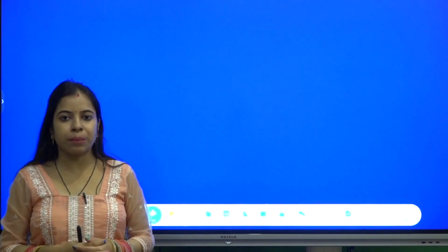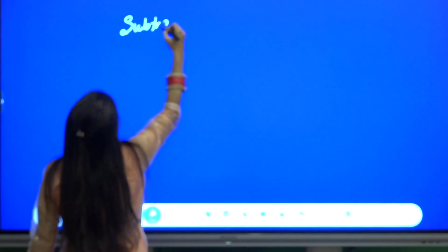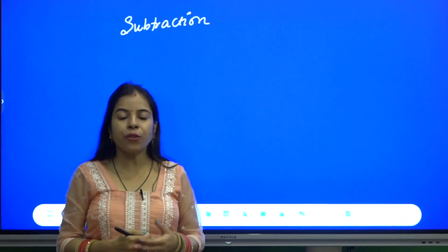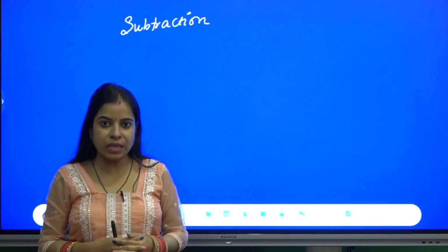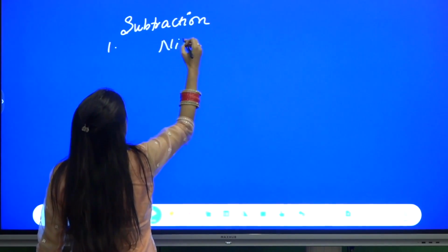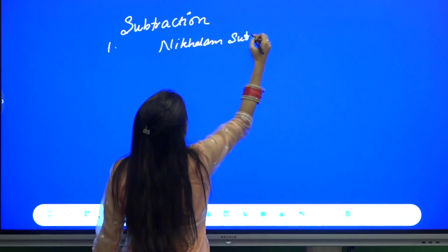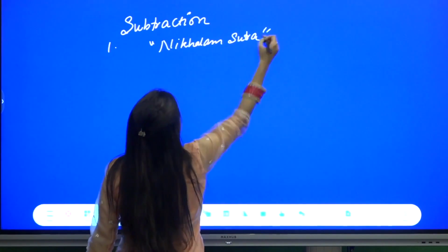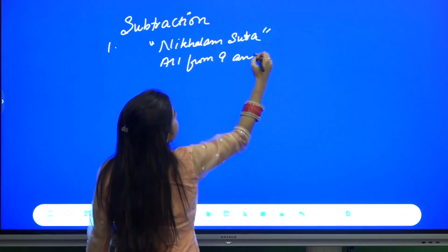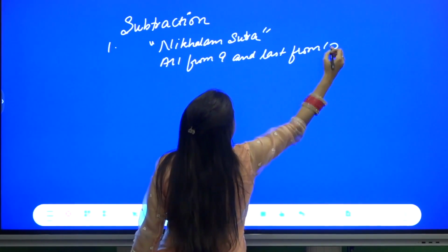Next comes the subtraction. For subtraction, the first technique that we are going to follow is with the help of the Nikhilam Sutra, which means all from 9 and last from 10.